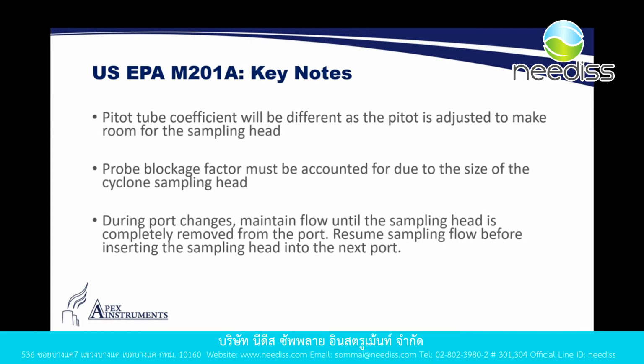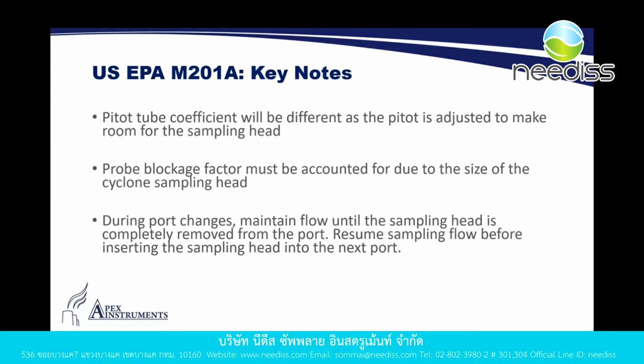A little bit more on Method 201A. The pitot tube coefficient will be different than the one you typically use for your Method 5 testing. And that's due to the pitot being adjusted, being moved kind of to the left a little bit to make room for the sampling head.